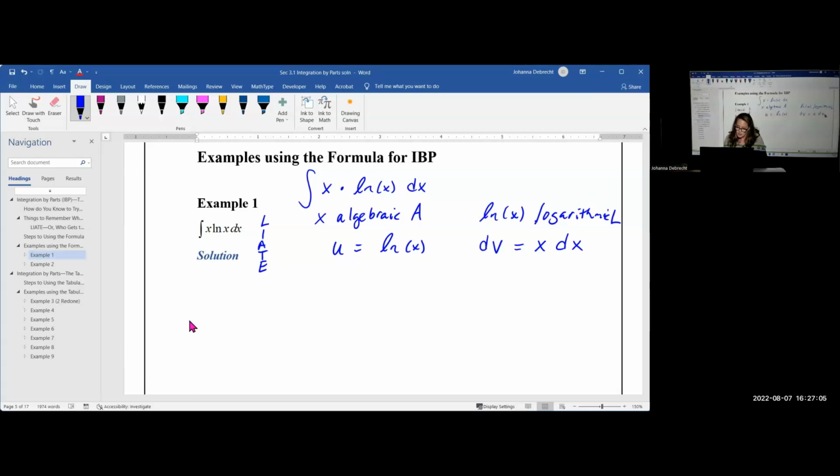Now let's recall our formula that we have right here. So for our formula, we have the integral of u dv is equal to u times v minus the integral of v times du. All right, that's our formula, the theoretical formula for integration by parts. So what we want to do now is compute du.